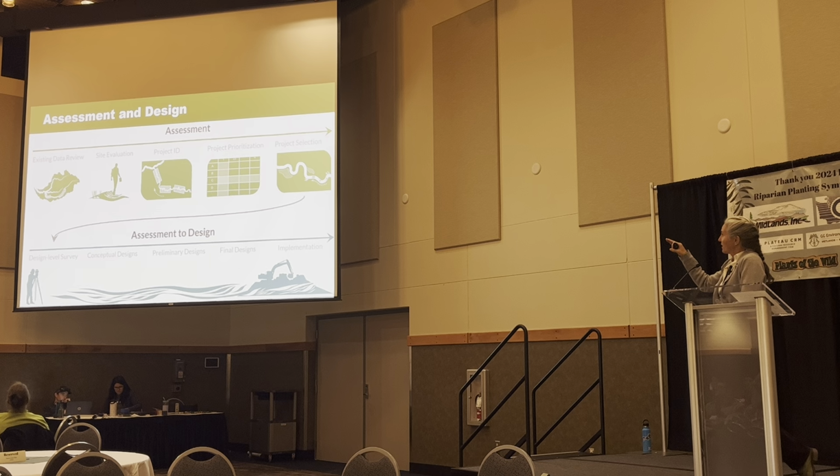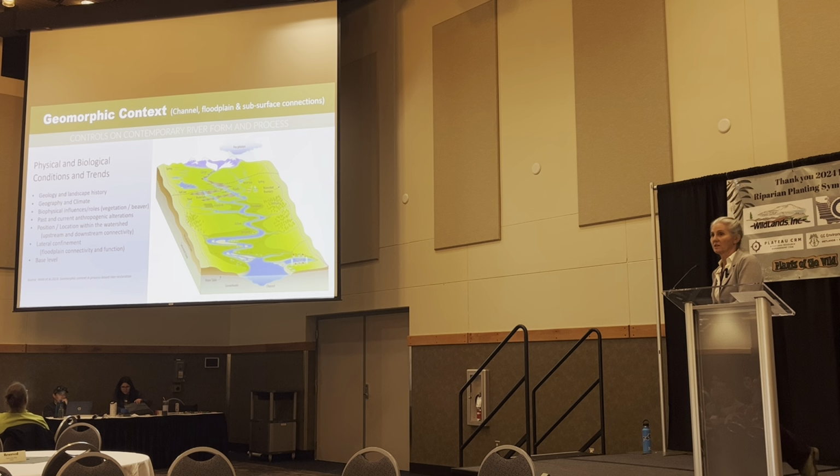As I said before, there's all these steps to the assessment process before you can even get to figuring out what you want to do on the ground and then designing it so that it's appropriate for that site. And for me, and for the work that we do, all of us here in the room, when I step on a site, vegetation is one of the key components that we really think about inside the geomorphic context of what is influencing that project area.